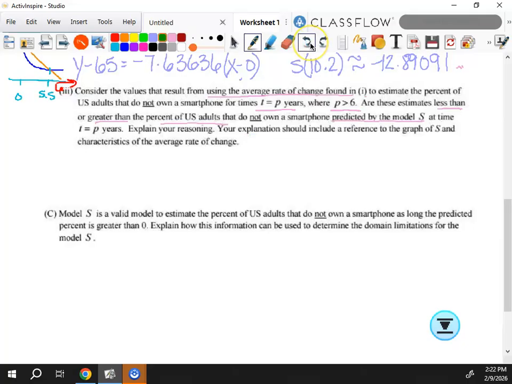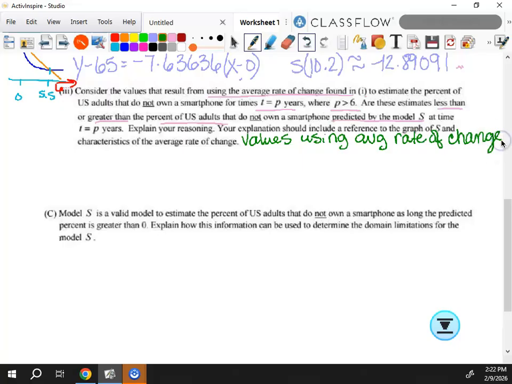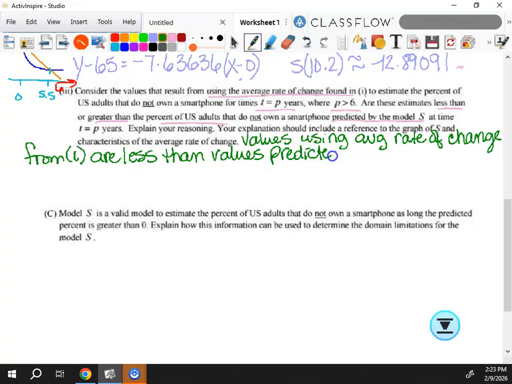Values using average rate of change from I are less than values predicted by model S. Okay, so that's just the answer part.